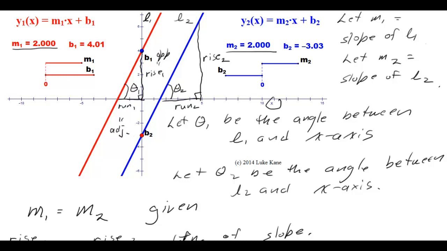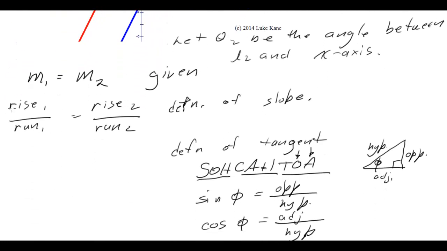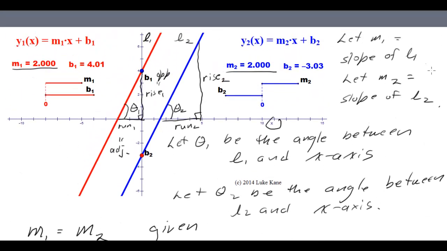So with that little bit of information, we can now say, because this is true, that the tangent of theta 1 is equal to the tangent of theta 2. Because for theta 2, it's also true. This is the opposite of theta 2, and this is the adjacent of theta 2.